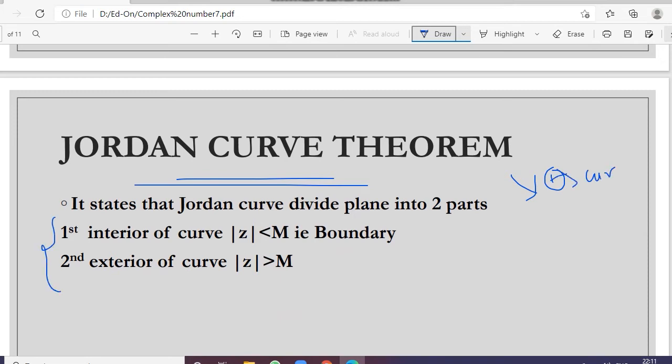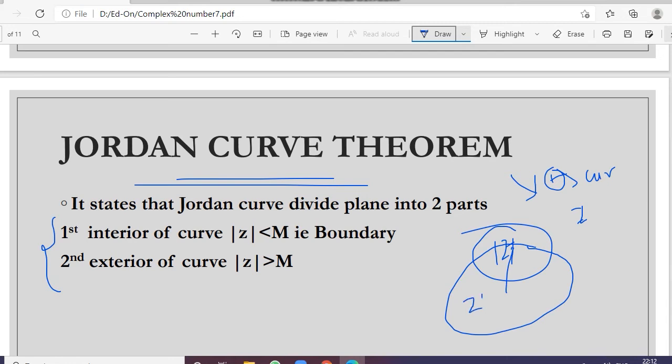So suppose this is a Jordan curve, a circle with radius z. Suppose this boundary is m. Let us take a value of z less than m, and a value of z outside m.